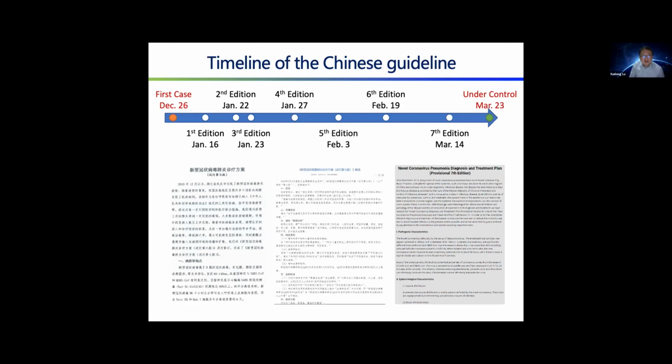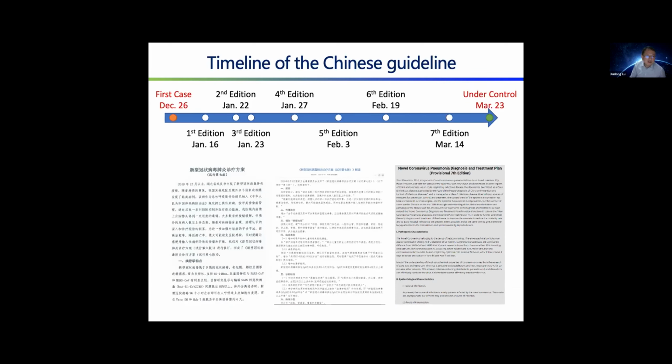China, as the first country to report the cases, is also one of the countries to conduct medical research on COVID-19.